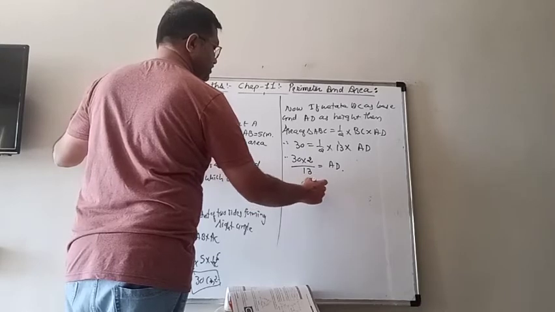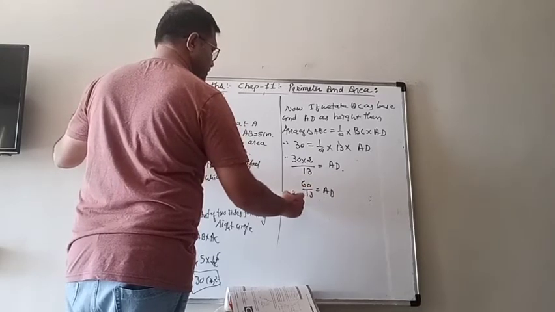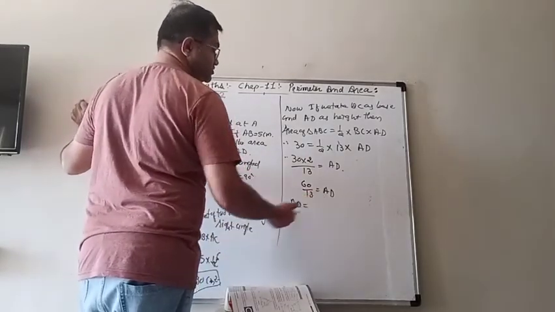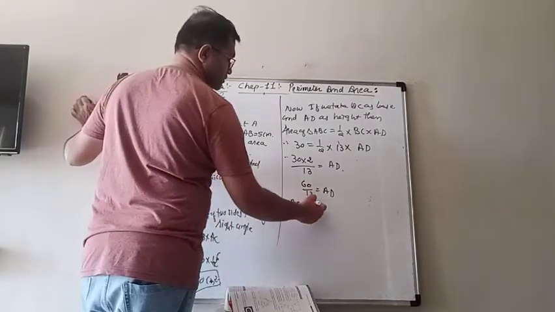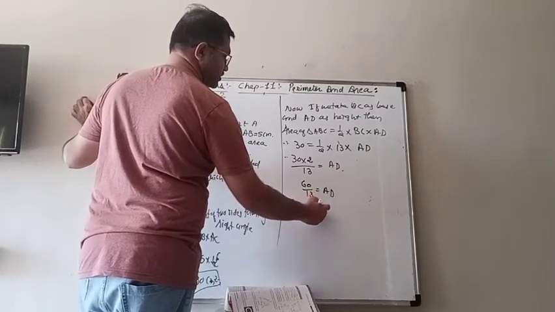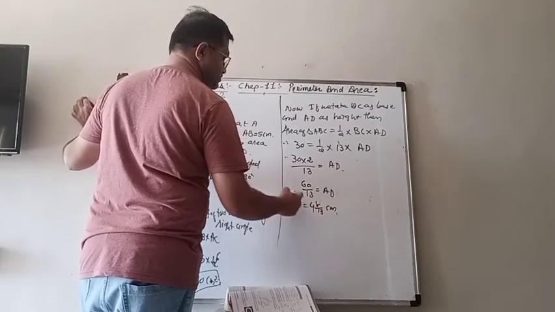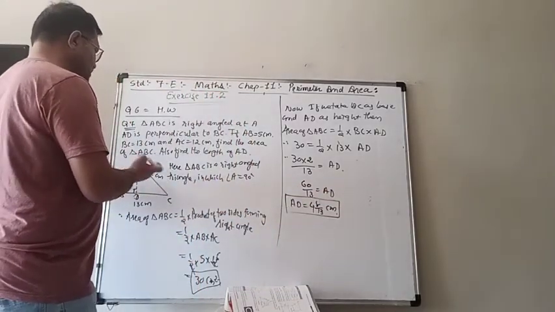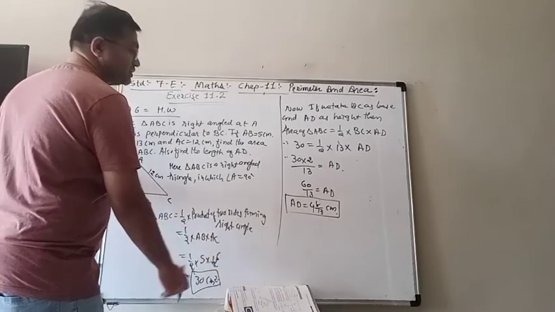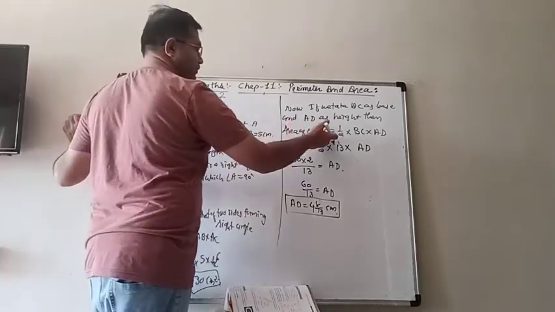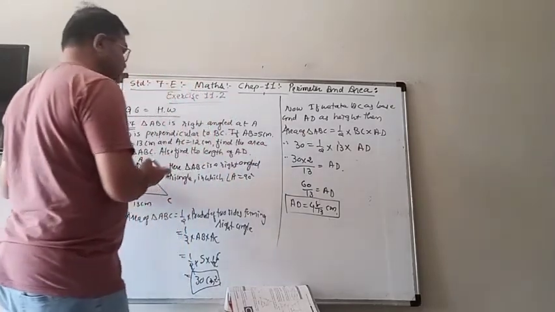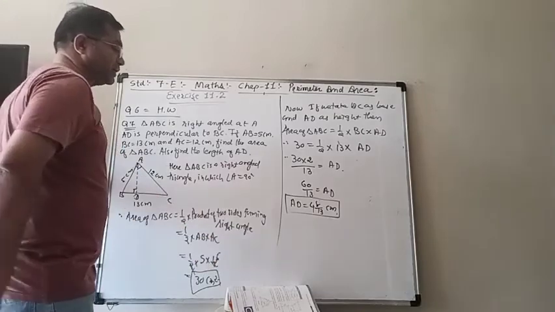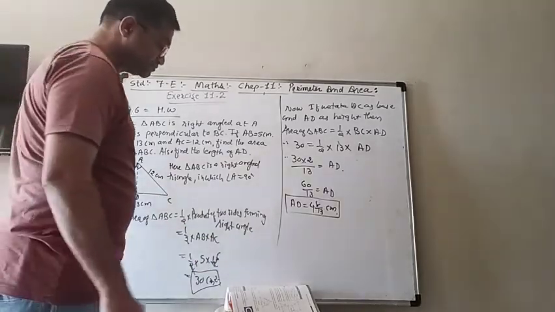So 60 upon 13. So here AD will be, it can be in the mixed number also, 4 integer 8 upon 13 centimeter. So here the 1 by 2 into 5 into 12, so 30 centimeter square, and then from the same area we took the different base and the height on it. So you get the answer like that.